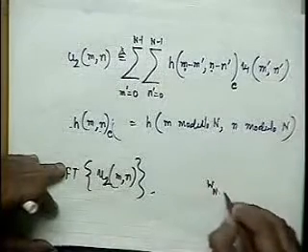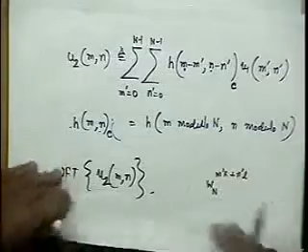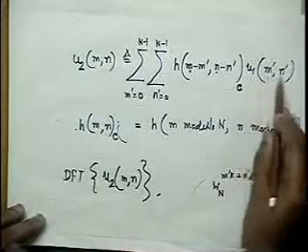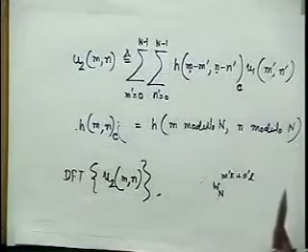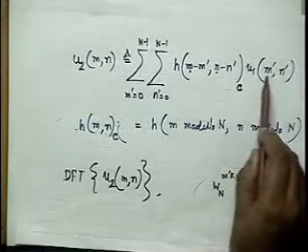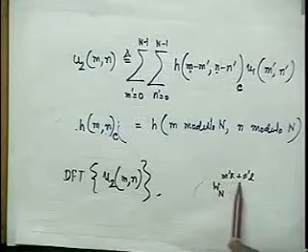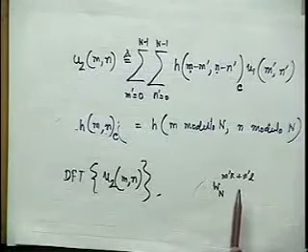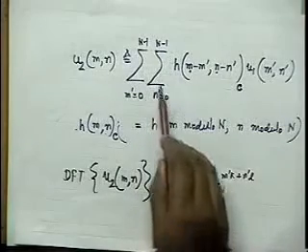So we get a term W to the base N, m prime k plus n prime l, that term was outside, and we get the function u1 of m prime n prime also outside, and the remaining term becomes simply the DFT of h mn. This term u1 of m prime n prime is multiplied by W to the base N, m prime k plus n prime l, with summation m prime equal to 0 to N minus 1, n prime equal to 0 to N minus 1.